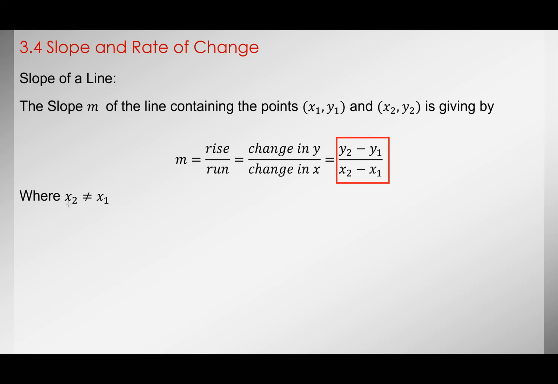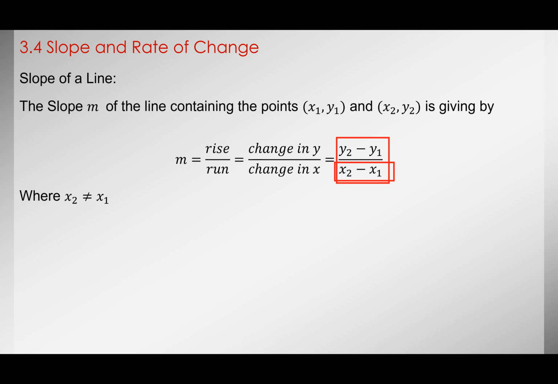And the reason why x2 cannot be equal to x1 is because if x2 is the same as x1, then the denominator will be 0. And if the denominator is equal to 0, it will be undefined. For us, if the denominator is equal to 0, it will be the undefined slope, and we will mention more about the undefined slope in a bit.